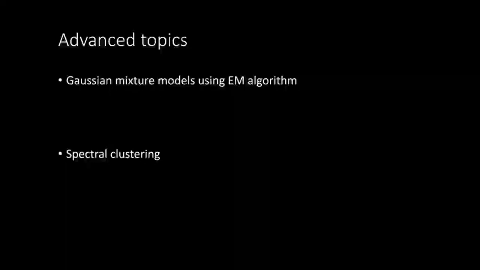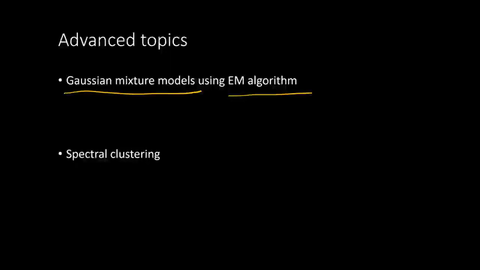There are just two prompts that I will have here, that there are advanced topics in clustering. One of them is basically, like I mentioned, clustering is finding different modes of an underlying probability distribution, and if we assume the underlying probability distribution to be a mixture of Gaussians where the variance of the Gaussians is different, then we can actually do Gaussian mixture modeling, which I will talk about later in the course, using something called the expectation maximization algorithm.